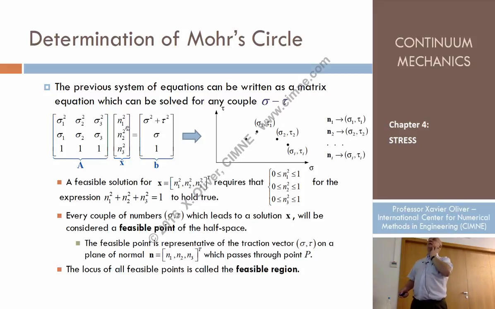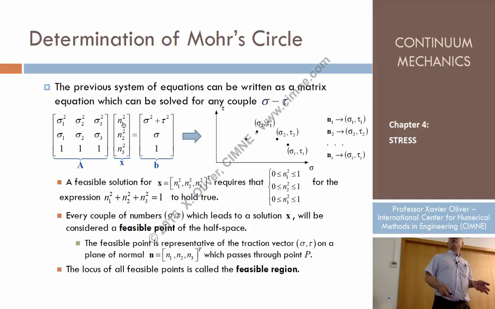So imagine that I obtain some x for some sigma and tau, where n1 squared, the first solution I obtain here, is minus 3. Can that be? n1 squared cannot be negative. So this couldn't be. The point that I inserted here, sigma tau, provides n1 squared smaller than 0, so it is not feasible. And what about an n1 squared equal to 2? Can that happen?